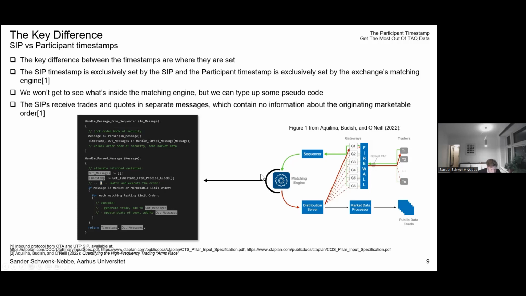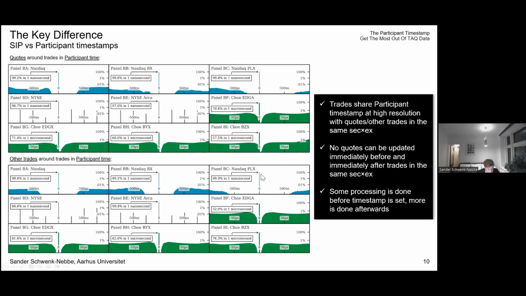So the first thing I want to do now is to see if our empirical findings are in line with what we've just established. So first, let's again look at the findings in participant time. It makes sense now that other trades and quote updates in the same security and exchange receive exactly the same participant timestamp as trades, down to the same nanosecond.